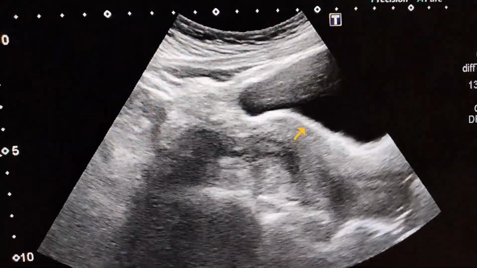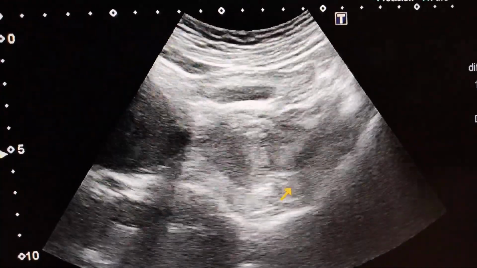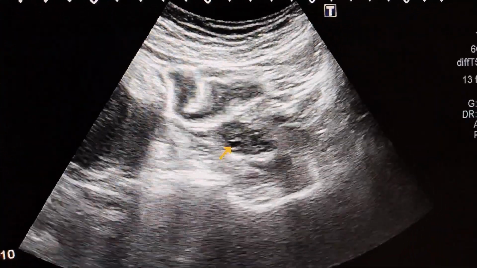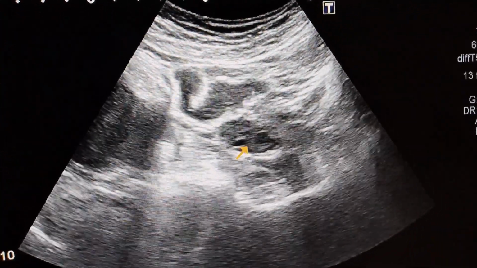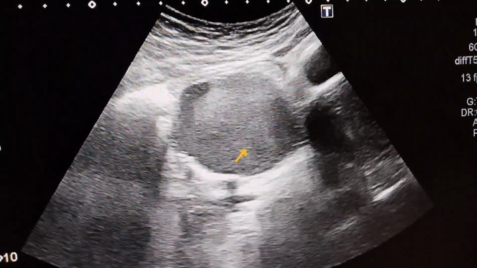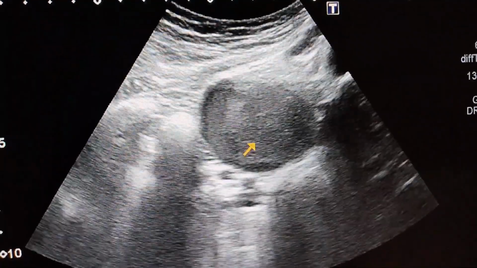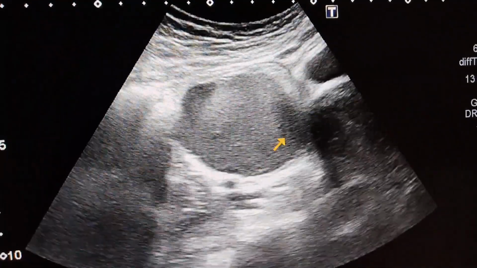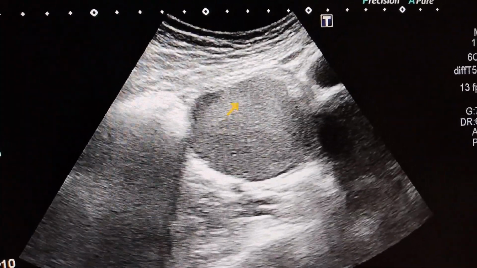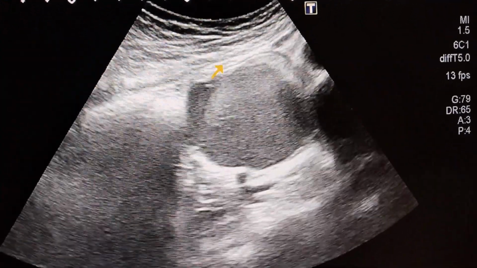When we see, the uterus is normal looking. And look at the left ovary. This is the shape of the left ovary which is normal looking. So here what we have seen is that this lesion has characteristic features like number one, a well defined, smooth walled and thin walled lesion.